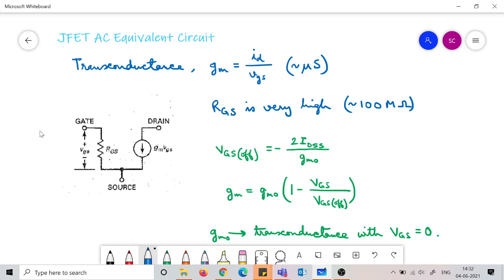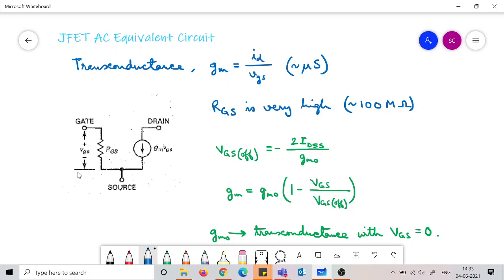If the device does not draw appreciable current from the network, it is termed that this device is not loading the network, because it is not drawing any current from it. So if the input impedance of that device is very high, then it will not draw appreciable current from the network to which it is connected.